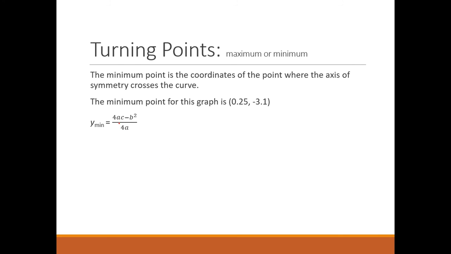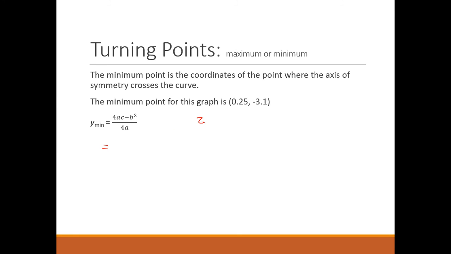So let's apply now our formula in finding at what point on the y-axis is the minimum point that y will be. Right? So our y min is equal to 4ac minus b squared over 4a. Let's just rewrite the function that we are doing.